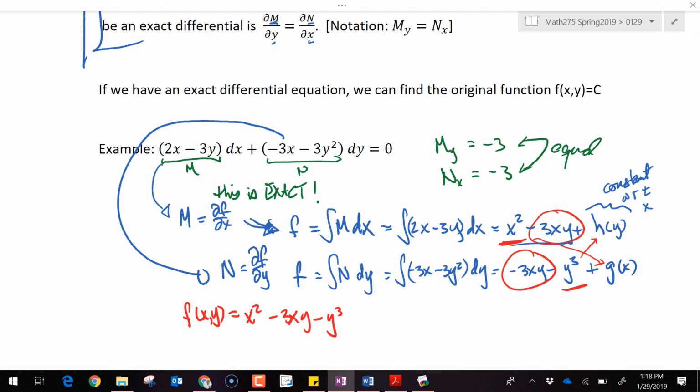But again, remember that this is supposed to be equal to, it's not equal to f of x, it's not equal to z, it's actually equal to a constant. And that constant is some constant we don't know. So our actual solution is an implicit solution, x squared minus 3xy minus y cubed is equal to some constant.